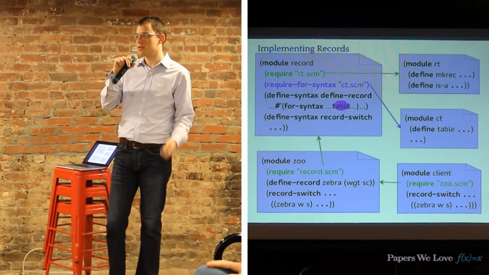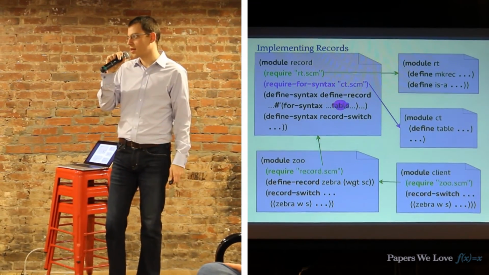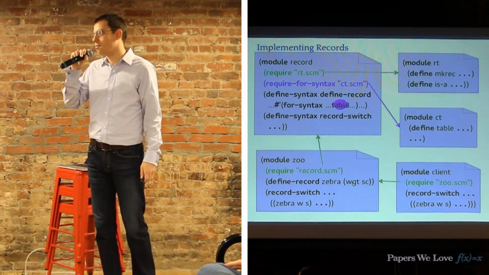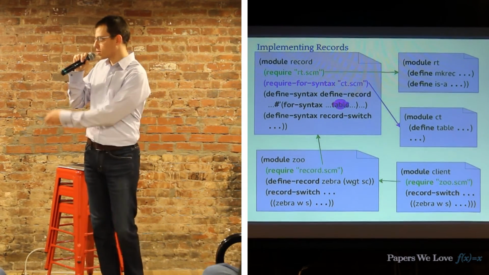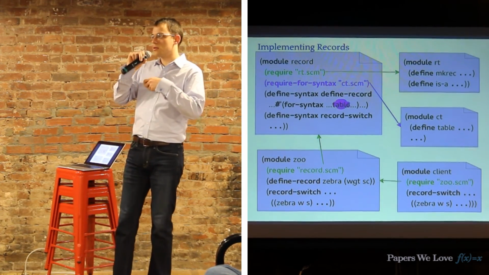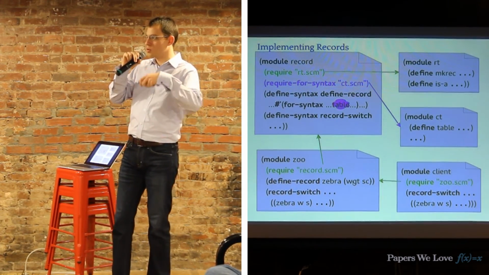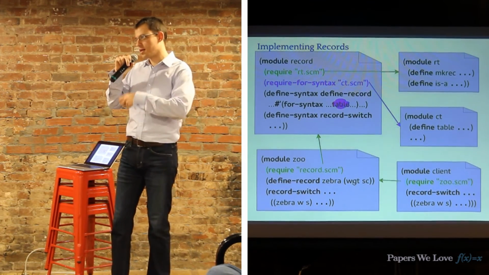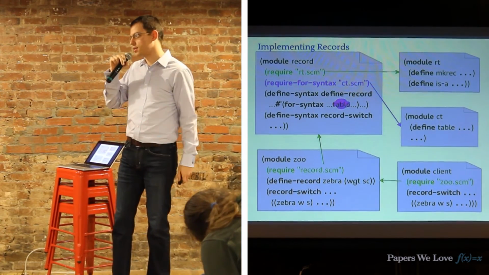Strings, quoted data, that sort of thing, that works fine. You don't have to write it as definitions that mutate some table. You could just write it as definitions that have the serialized information.